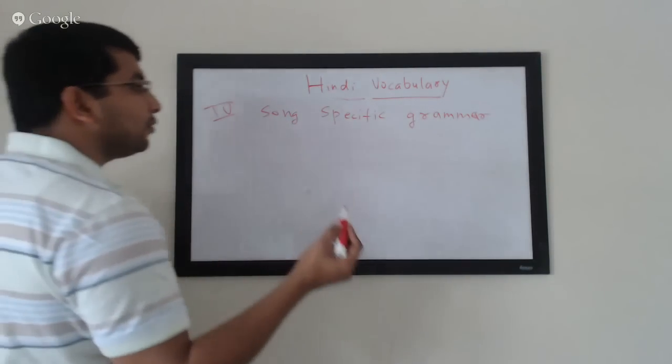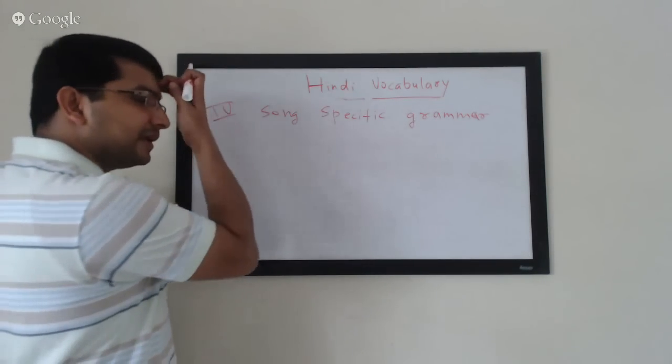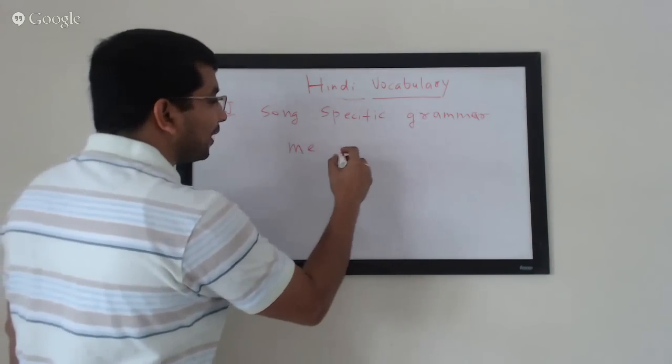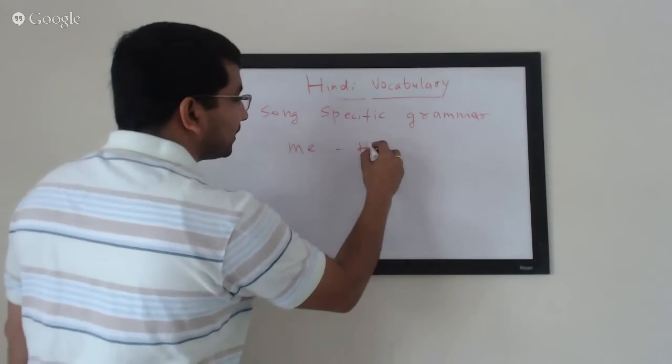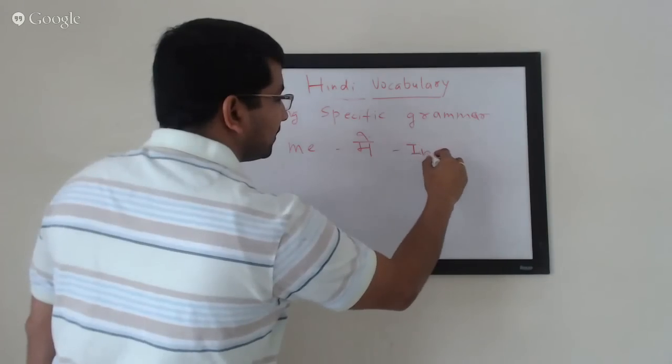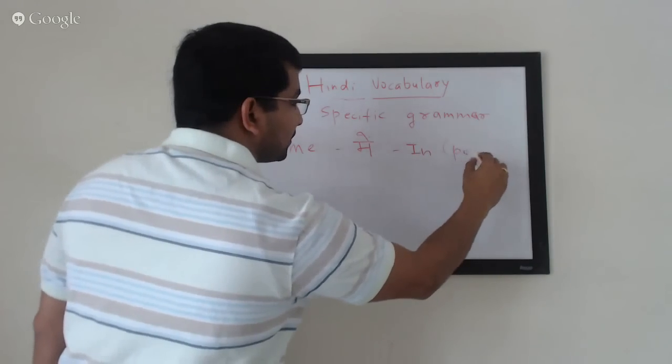If you again go back to the lyrics, I posted a link of the lyrics as well. You will see the usage of this postposition quite a lot. में. में is in, a postposition.